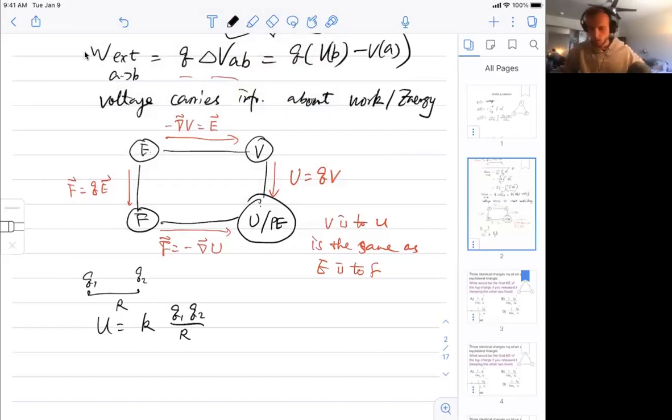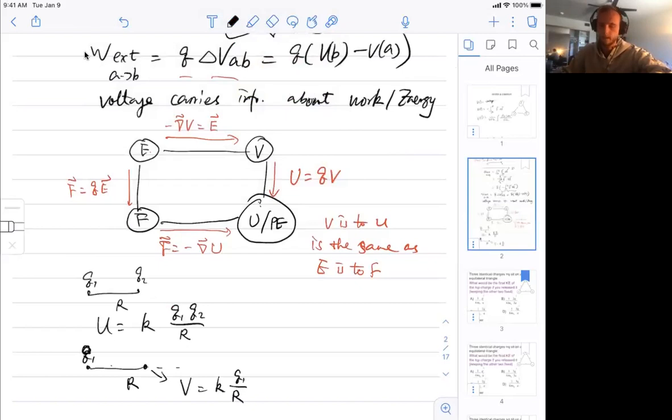You can think about it this way. If I have only Q1, then Q1 created an electric field around it, so anywhere around Q1 in space you have some kind of electric potential. At the location of distance R away, the electric potential is KQ1 over R. KQ over R is the potential due to a point charge.